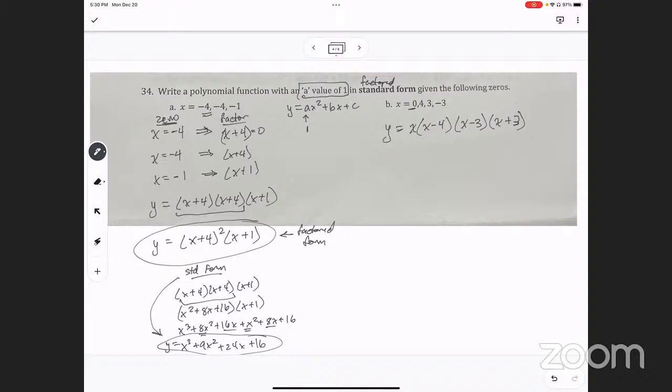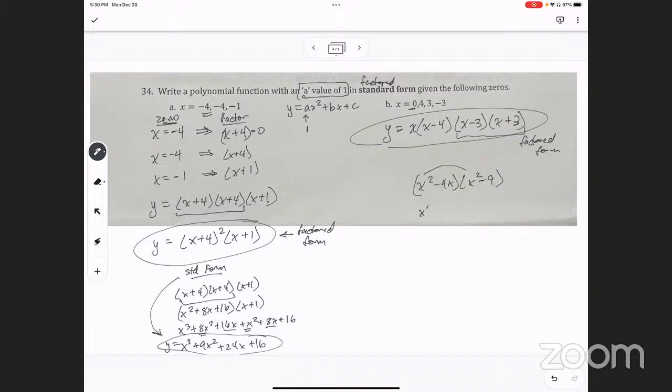Now, if you want it in standard form, like I said, just multiply out, but be smart about it. Multiply x minus 3 and x plus 3 first, because that just gives you x squared minus 9. Then multiply the x in, so that's x squared minus 4x, and then just FOIL this out.